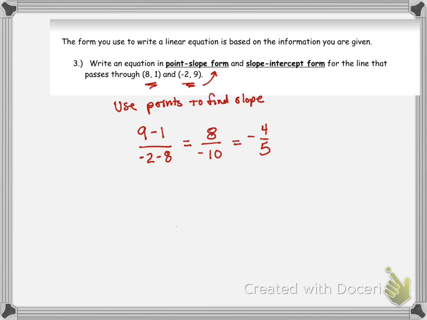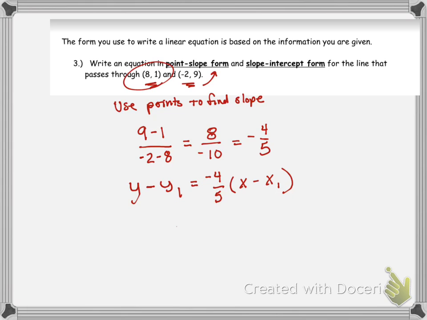Now we take that slope and plug it into point slope form. So we have y minus y sub 1 equals, and we would plug in our negative 4/5 for the slope, x minus x sub 1. And now for the y1 and x1, we can pick either of the 2 ordered pairs.